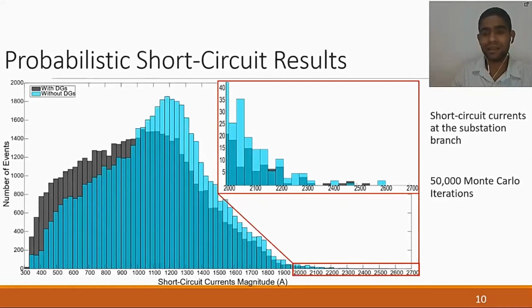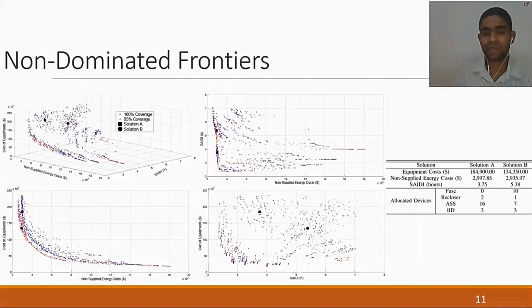And that makes it easier for coordinating fuses with reclosers, as we can observe here. Especially in this figure, we can observe that the red frontier dominates most of the blue frontier. That is, considering less short circuit scenarios allows us to find better solutions, at least considering those two objectives.